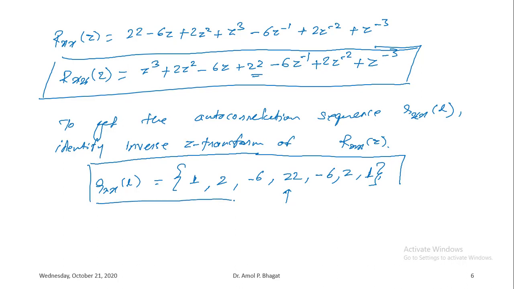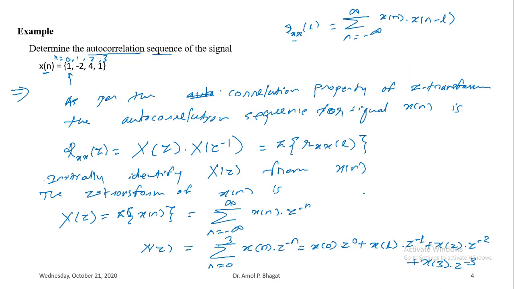Okay. So again, as we discussed in the previous session, finding convolution by using Z transform property is computationally efficient. In similar manner, finding the correlation by using correlation property of Z transform comprises minimum number of computational operations compared to identifying correlation by using the mathematical expression, right?